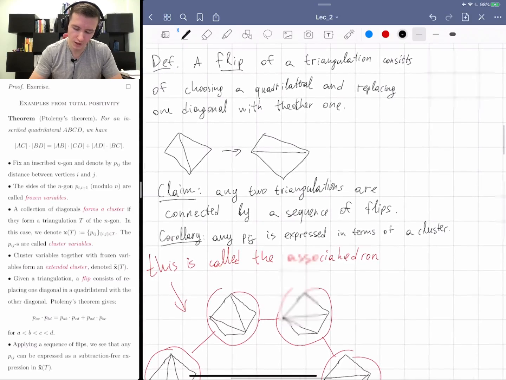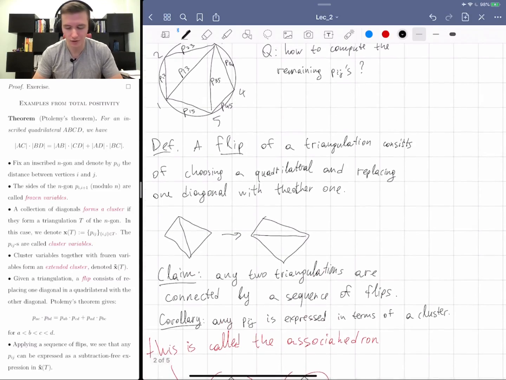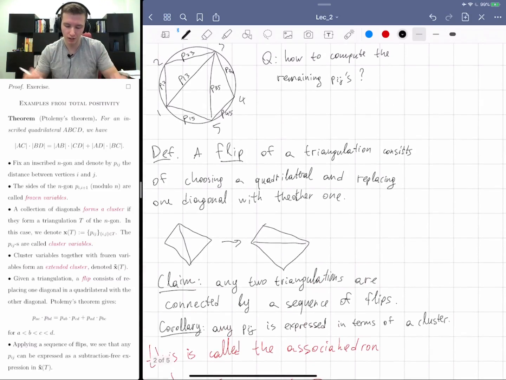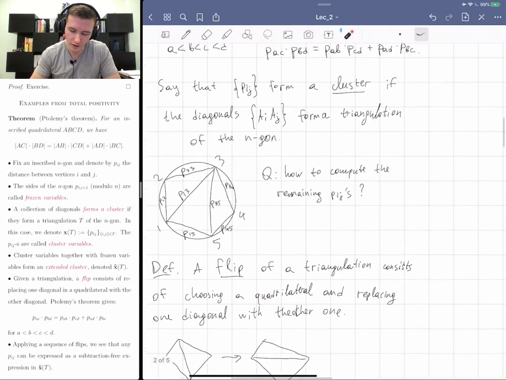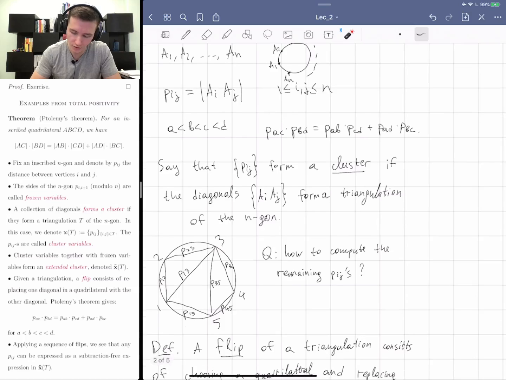So you start with the cluster, which is a triangulation, then you apply these flips until your desired diagonal belongs to the triangulation, and then you apply this relation here. This relation allows you, if you know the sides of a quadrilateral and you know one of the diagonals, then the other one can be obtained by dividing by this one.